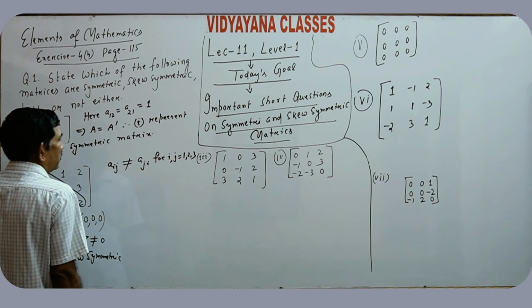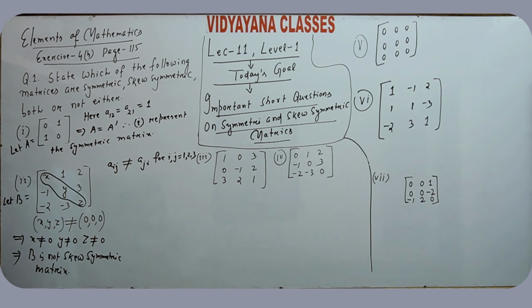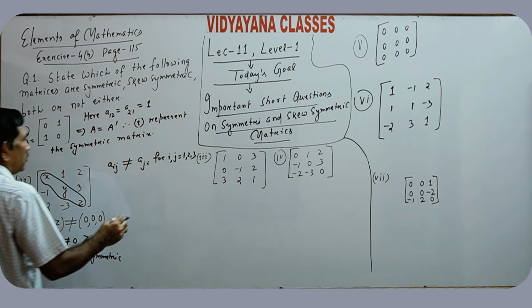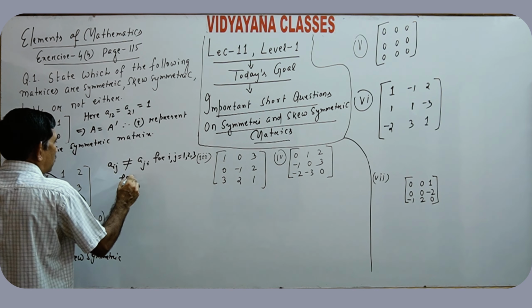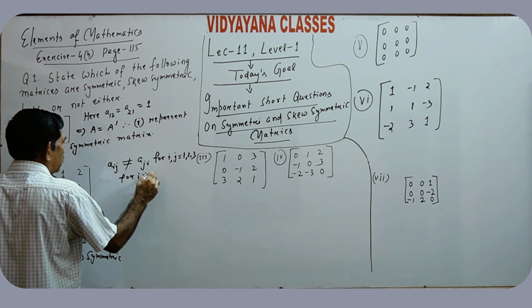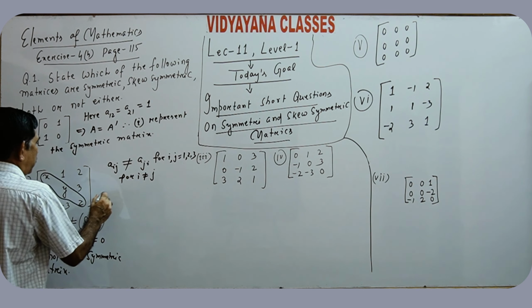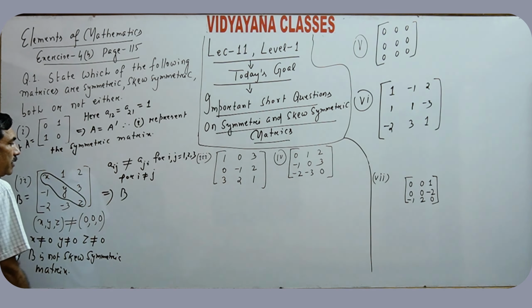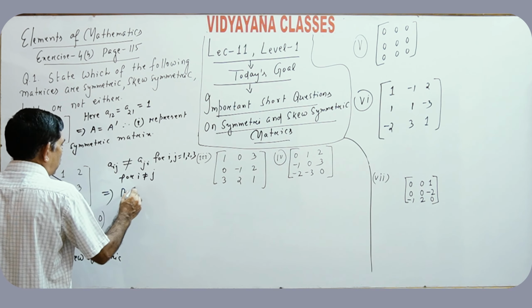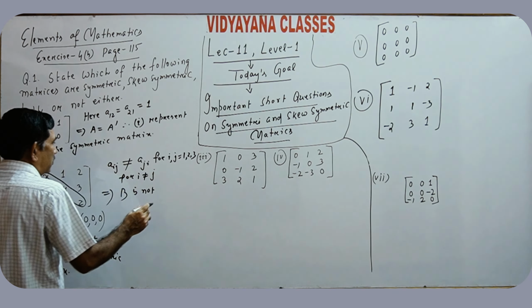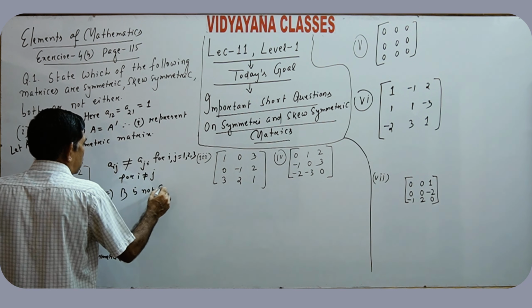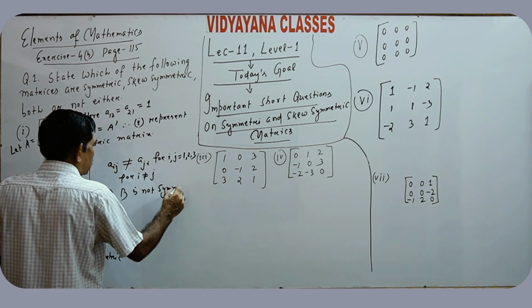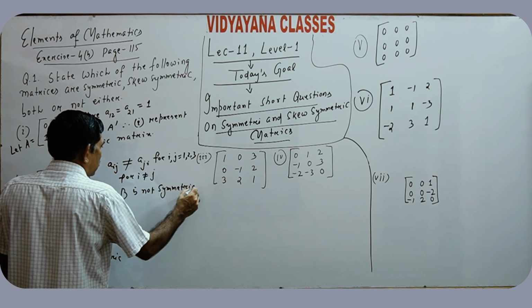Aij not equal to Aji for i not equal to j. This implies the given matrix B is not symmetric.